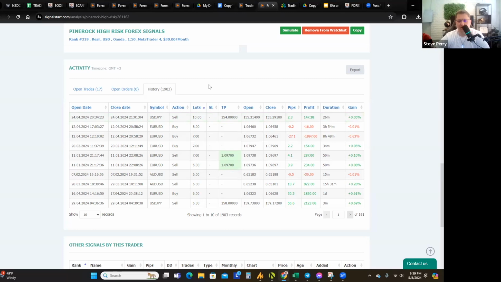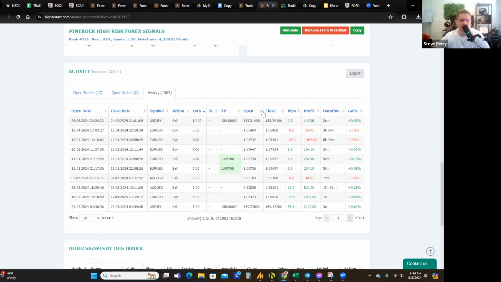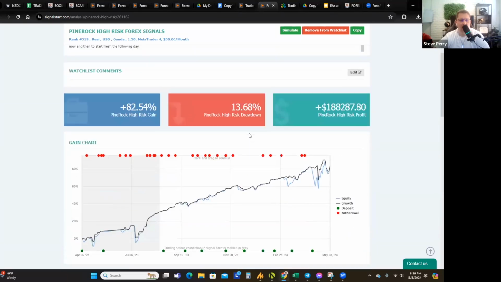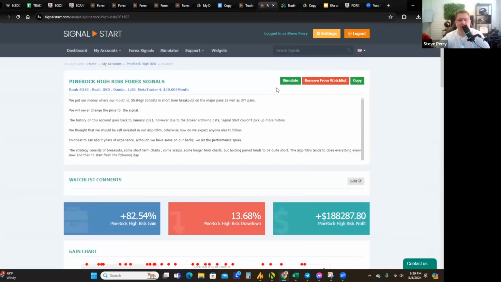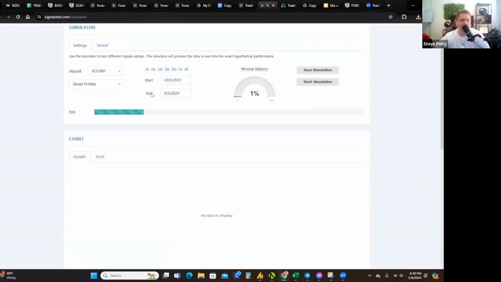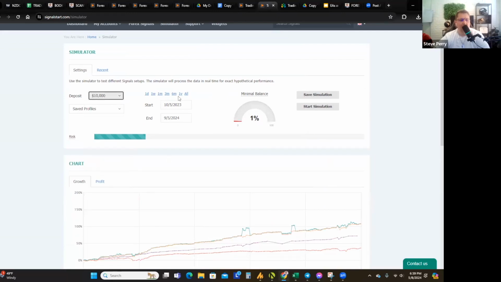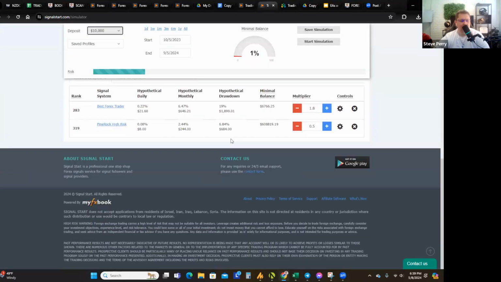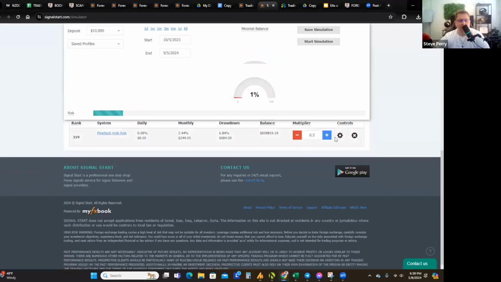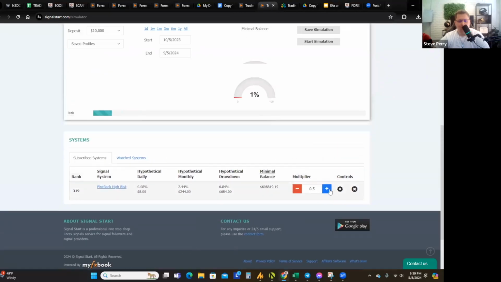Basically, the multiplier allows you to either make more money per trade or lose more money per trade. In fact, I'll show you what that is. One of the things you can do is simulate these copy traders. So if you wanted to put $10,000 on this, you could simulate this. What I could do down here is put my multiplier, which is this right here, to 1.0.